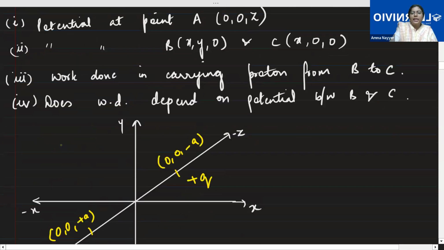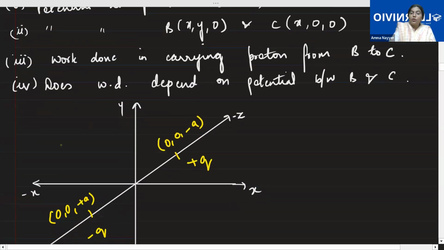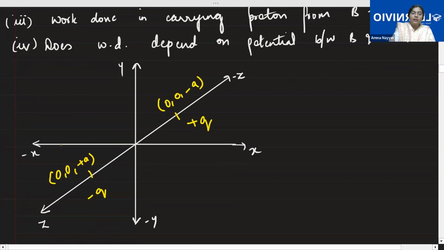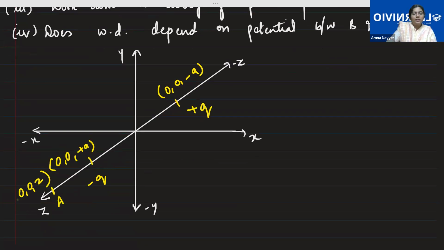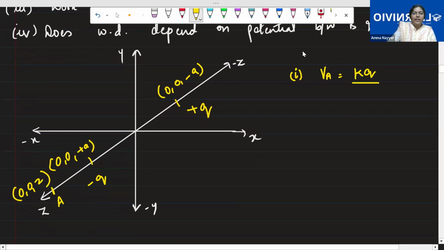Then it says potential at a point A, 0, 0, z. Now see, very easy, it's just a formula based question. The potential at this point A will be, if we take P also, that will help us.